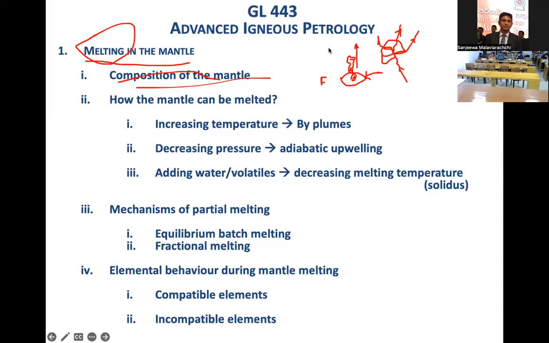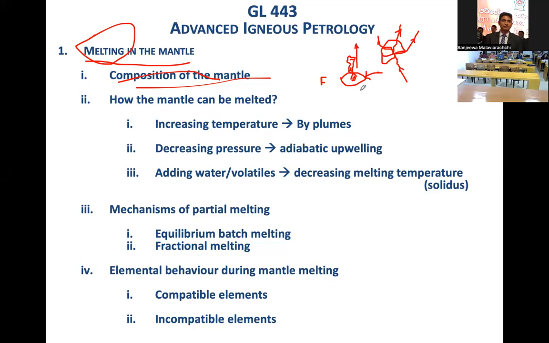Okay, so the mantle does not melt at once. This is also a very important factor you have to consider during the discussion of the melting within the mantle. We call it partial melting.